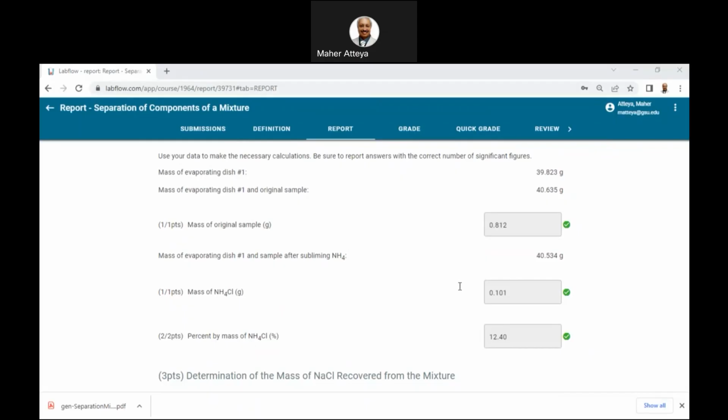This means green circle. So let's do the first one here. That's the first green one.